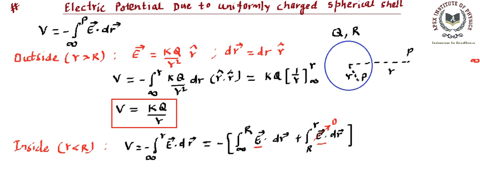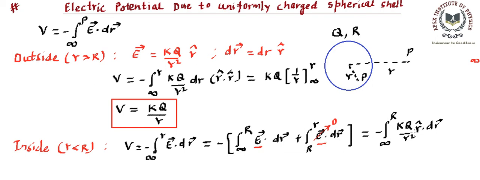And if we simplify this first part, it will become equal to minus integration from infinity to capital R of E dot dr. Now this E is for the outside field, and we know the outside field is kq upon r square r cap, and dot dr vector, which is going to be dr r cap.